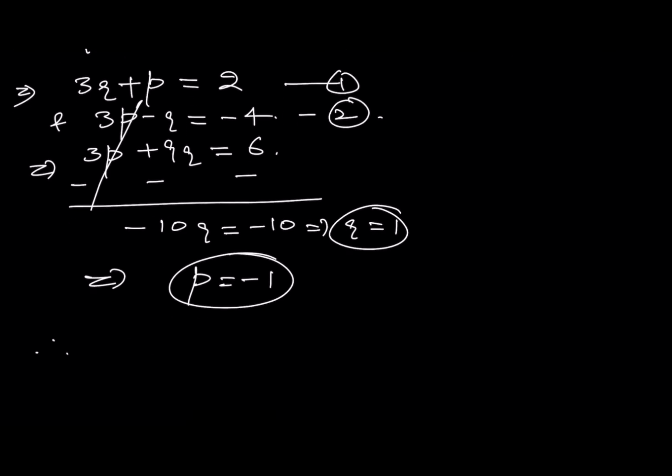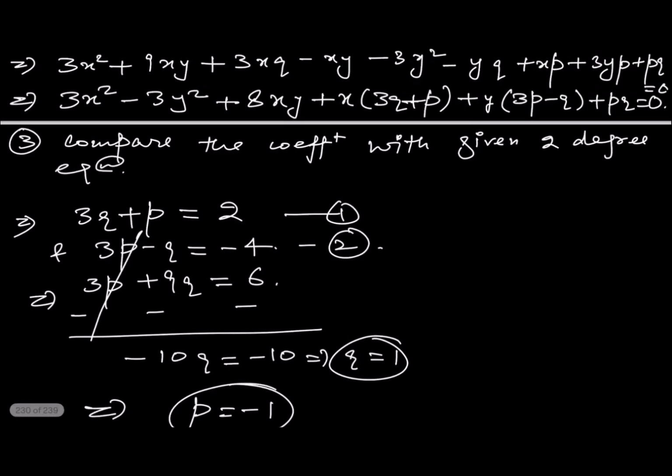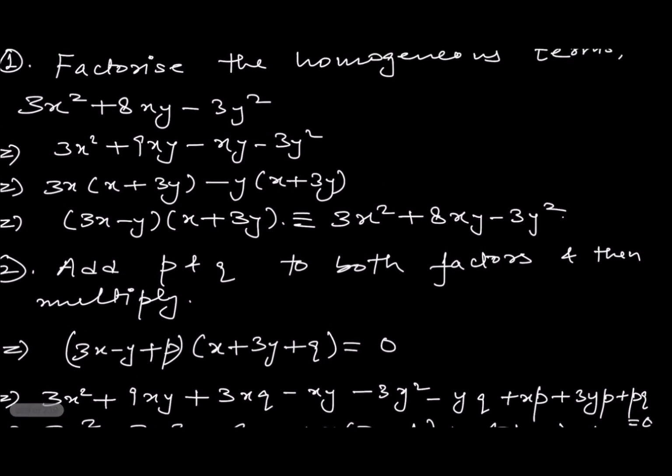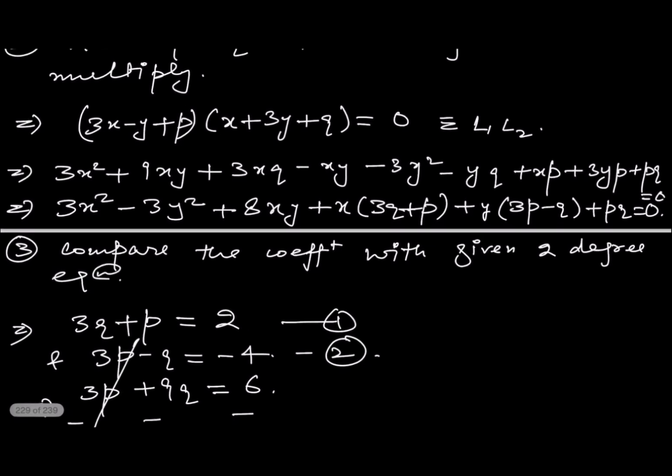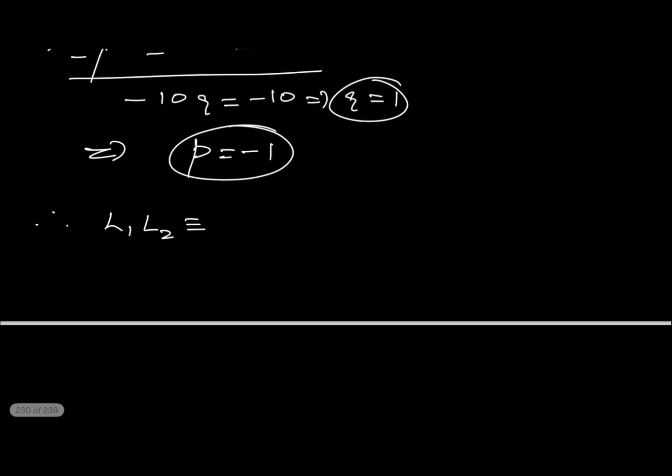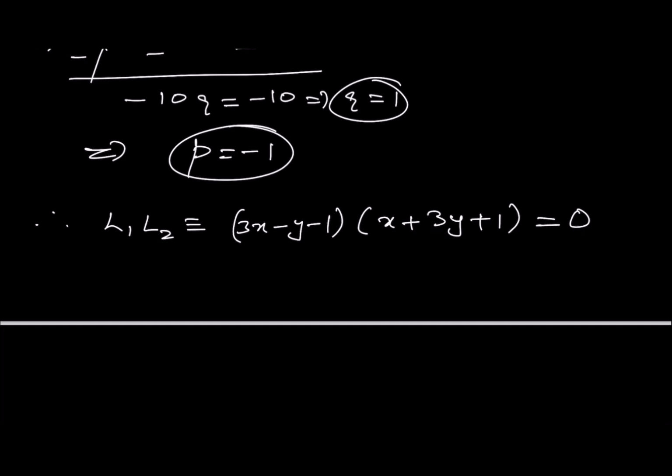So therefore L1 L2 now becomes 3x minus y minus 1 into x plus 3y plus 1 is equal to 0.